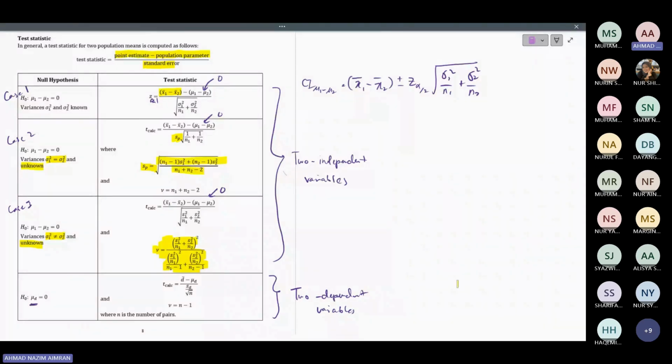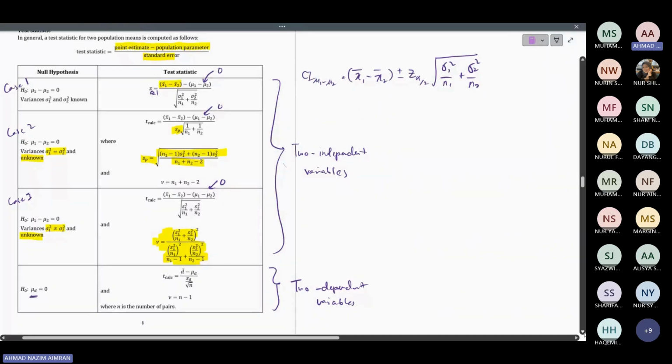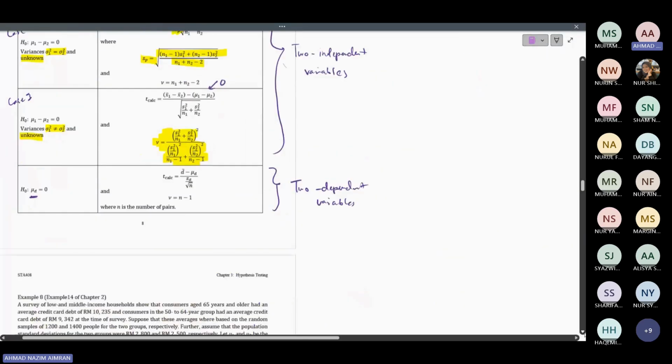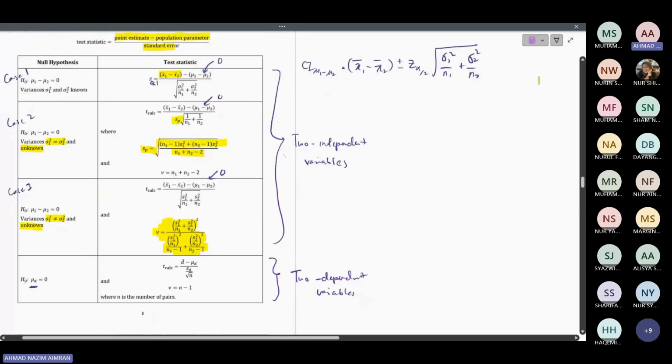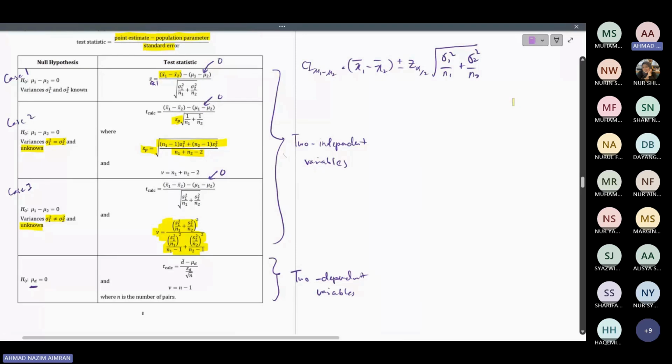Now I hope you still remember about that one, because it will help you to identify which formula to be used to test the hypothesis.